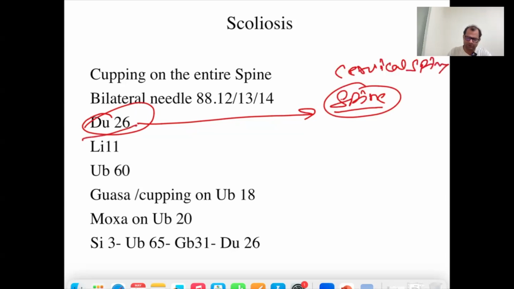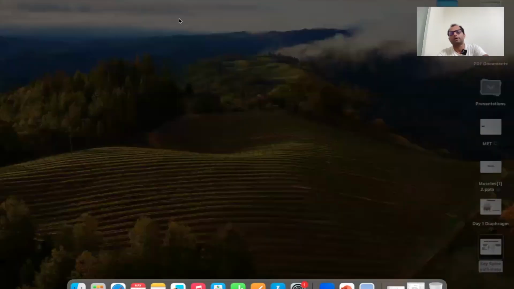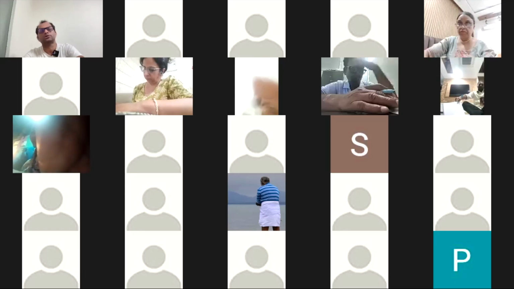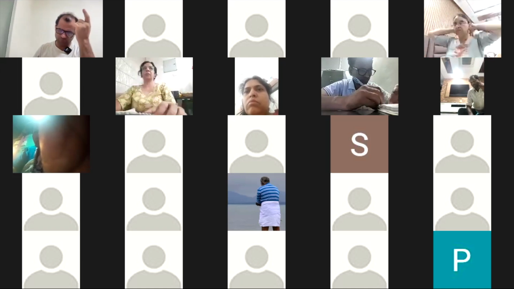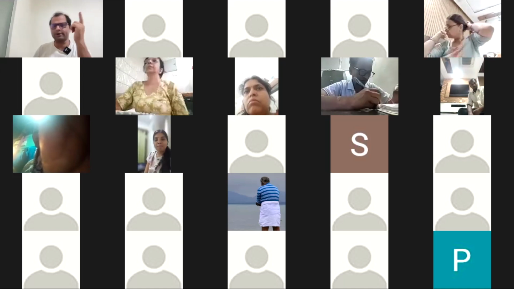And DU26 is, we are considering, the distal point of spine. हमारी स्पाइन का डिस्टल पॉइंट है. वैसे तो अगर DU meridian की बात की जाए तो DU meridian हमारी पूरी स्पाइन को क्रॉस करता है, like starting from the tail bone, that is DU1. हमारी टेल बोन में इसका जो पहला बिंदु होता है उसका नाम है DU1.